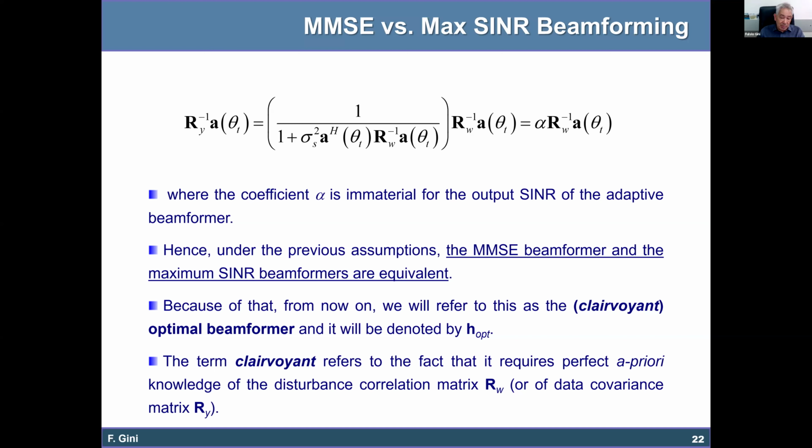So analyzing the performance of the clairvoyant optimal beamformer is important because it provides the best possible performance that we can achieve. We cannot go above that. And actually, this is the performance to which our adaptive beamformer will tend when the number of snapshots tends to infinity, so when the estimates get better and better.